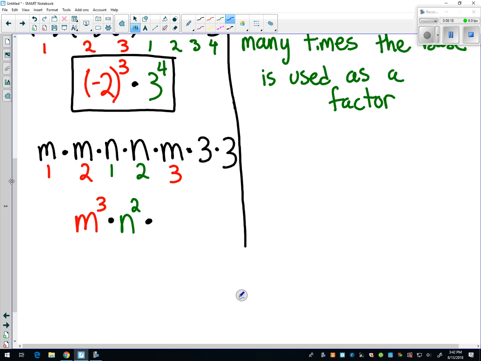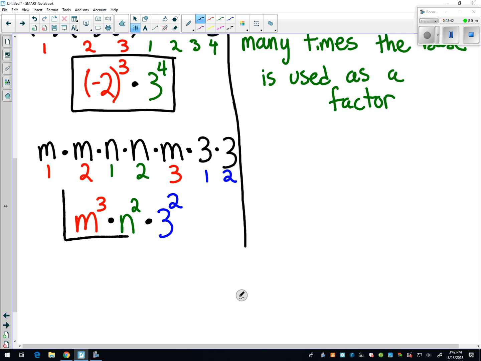I have 1 3, I have 2 3's, so that is 3 squared. Now, I was only asked to write with exponents. You were not asked to simplify anything, so this would be our answer.